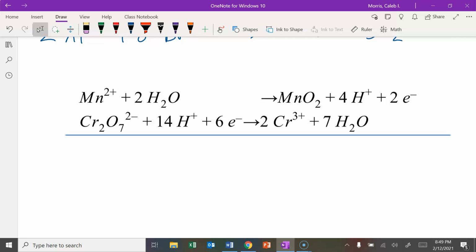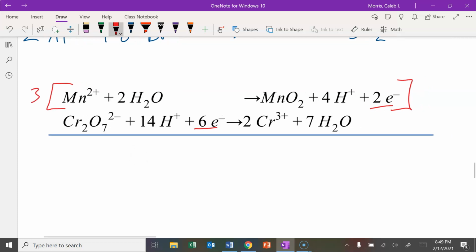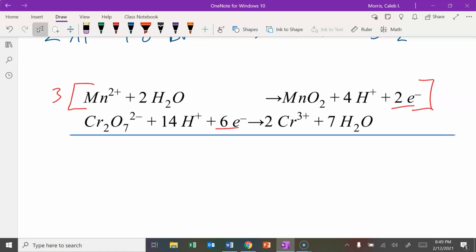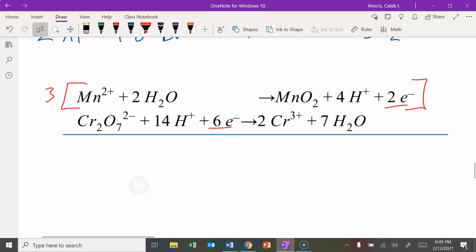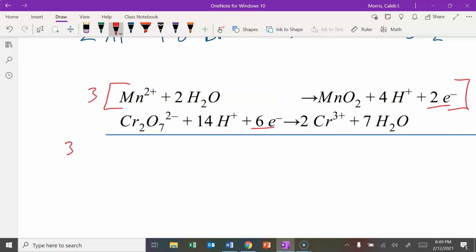Okay, I see that I have 6 electrons and 2 electrons. Well, I know that I can multiply 2 by 3 to get 6, so I'm only actually going to multiply the top reaction. So I'm going to multiply that by 3, and I'm just going to write it down below. This is another way you can show your work. That'll give me 3 Mn2+ plus 3 times 2 gives me 6 H2O.